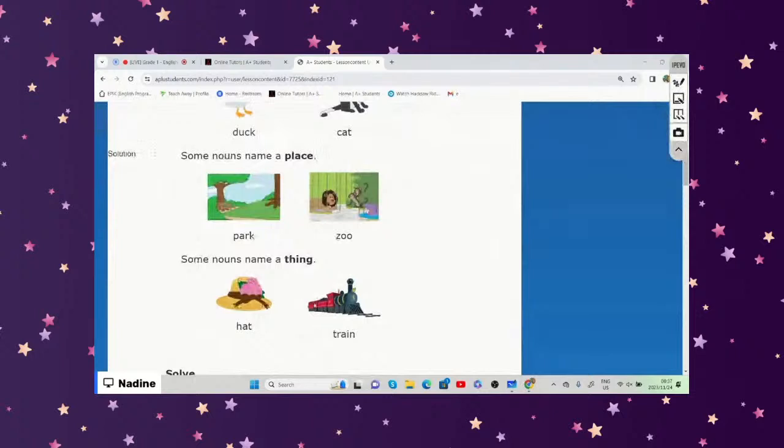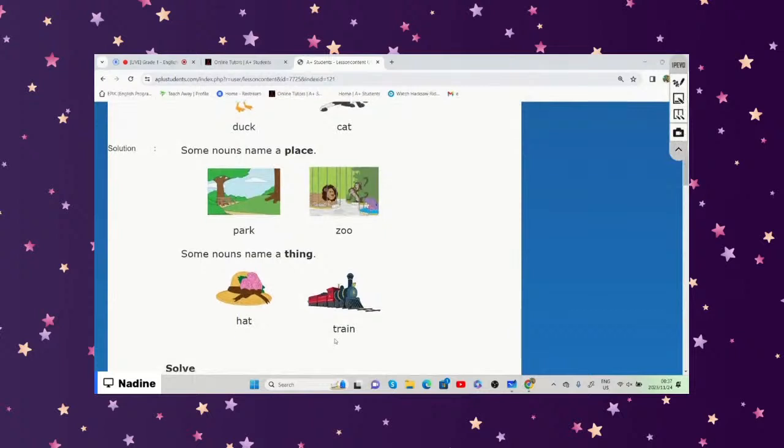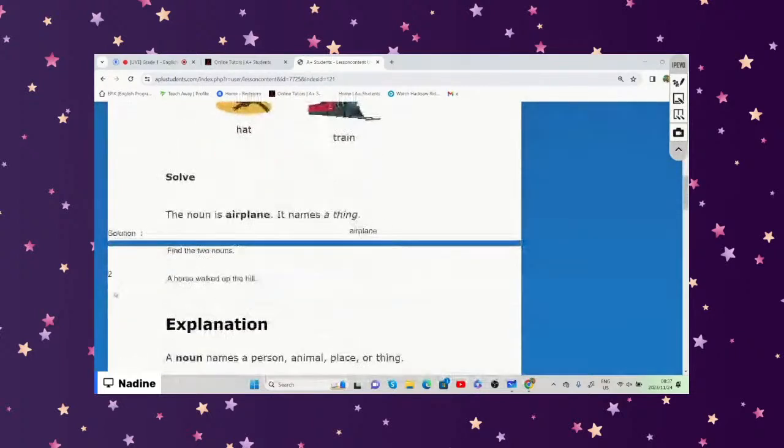And some nouns name a thing, right? But okay, so here it says find two nouns. A horse walked up the hill.